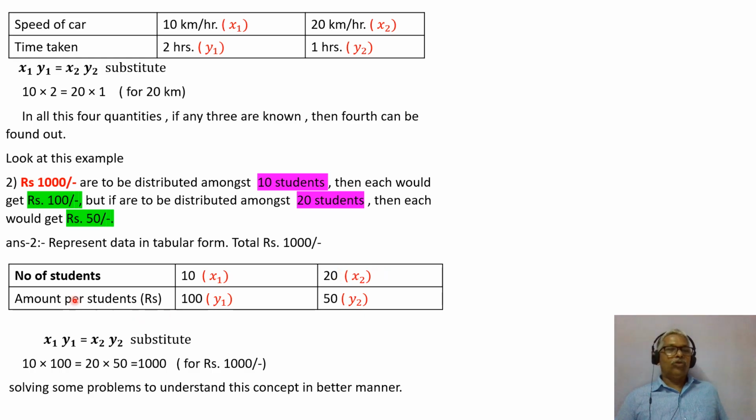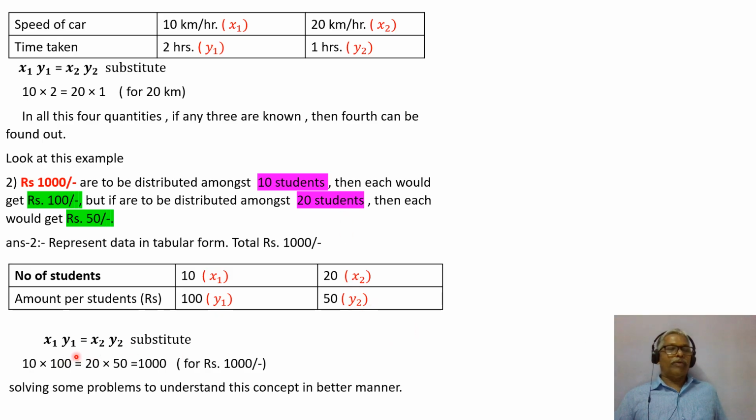So let us form a table. Number of students x1 is 10, and here number of students is 20. Amount per student is 100, and this is 50.